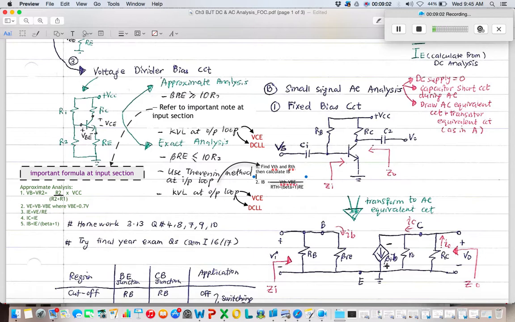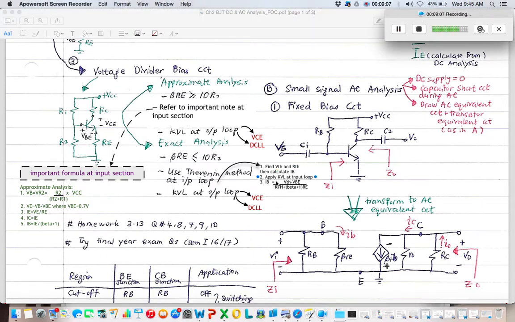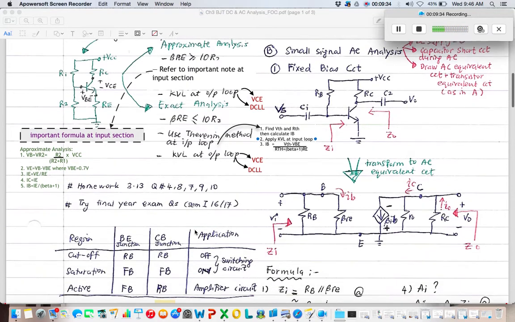So you need to find VTH and RTH to obtain IB. But to get IB, you need to apply KVL first. Once you get the VTH and RTH values, again, this is the formula for IB. You can get it from the KVL equation. Again, KVL at the output loop, you will get VCE and VCLL.